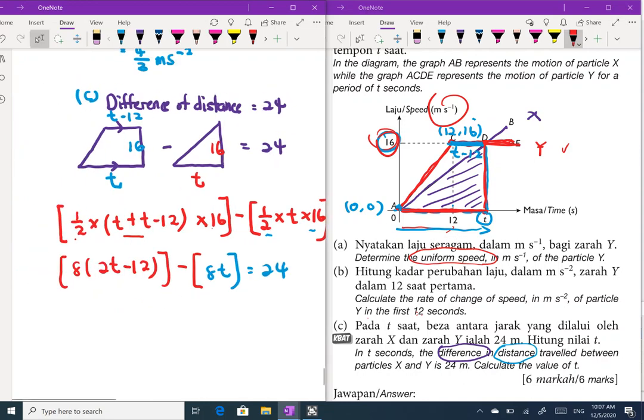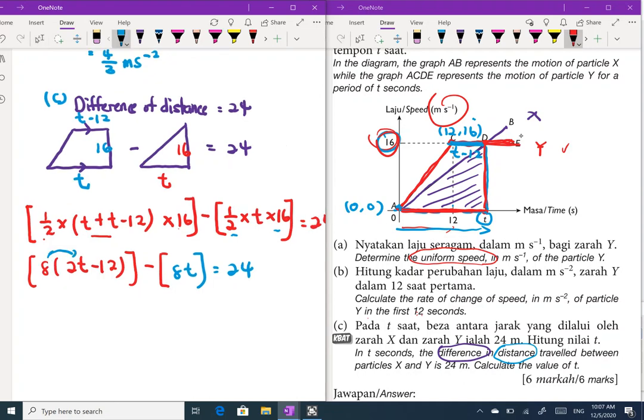Okay, multiply in. So we get 16t minus 96 minus 8t equal to 24. So 16t minus 8t equals 8t.